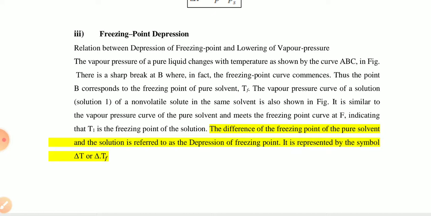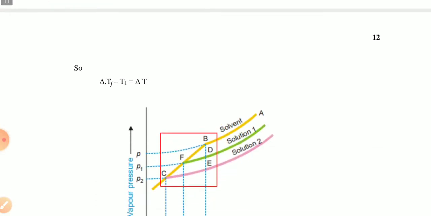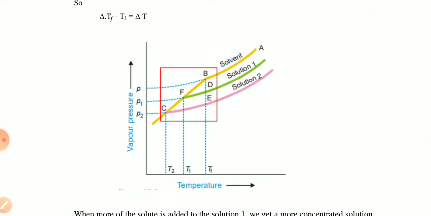The difference between the freezing point of the pure solvent and the solution is referred to as the depression of freezing point. It is represented by the symbol del T or del TF, where TF minus T1 equals del T, the change in temperature. In this diagram you can see the temperatures T2, T1 and TF, and the pressures P, P1 and P2, for the solvent, solution 1 and solution 2.